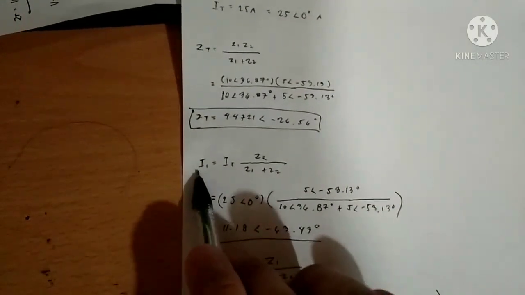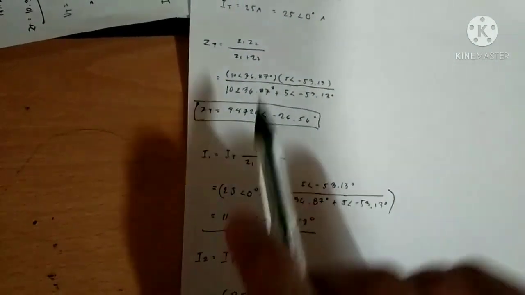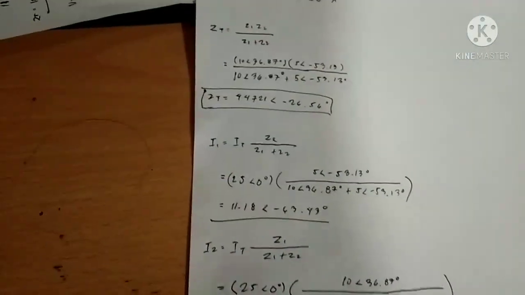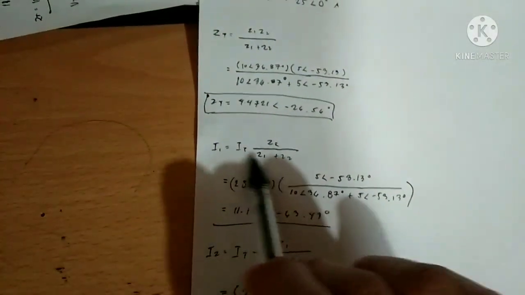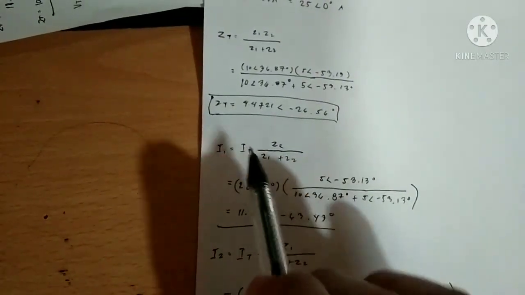And then we'll solve for the I1. We can solve this because Z1, Z2, and I total are given, just like number 1. So this is the formula: I total times Z2 over the sum of Z1 and Z2.